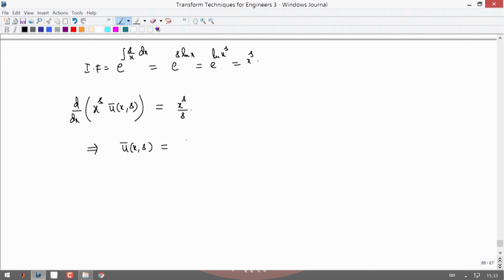So, if you integrate both sides, you end up getting ū of x, s equal to x^(-s) times the integral of x^s by s dx plus an arbitrary constant c. C is an arbitrary integration constant.